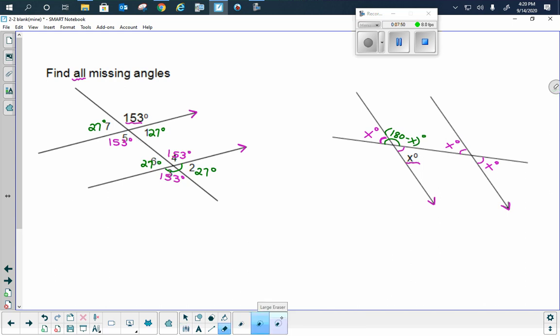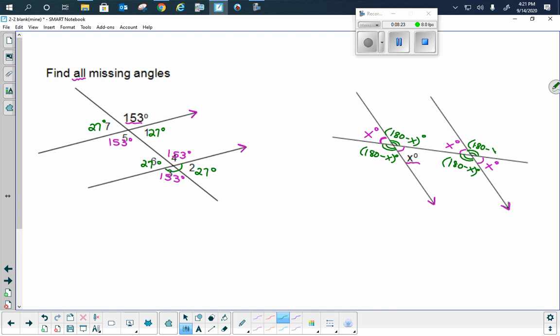Now I will get rid of that so I don't confuse you. And then let's just use a different symbol. If I say this angle is vertical to this one, those two should be equal. Likewise, the last one I marked and this one are corresponding, so they're equal. And this one and the one across from it are vertical, so they're equal. So literally all of the rest of these should say 180 minus X quantity degrees.